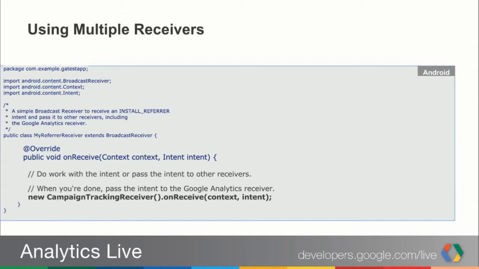You can call its onReceive and pass it the context and intent. So you're not adding a new receiver to your Android manifest file. You're just going to take what you already have, and when you're done with whatever you're doing with that intent, just instantiate the GA receiver, call onReceive and pass it the intent. And that'll be good enough.